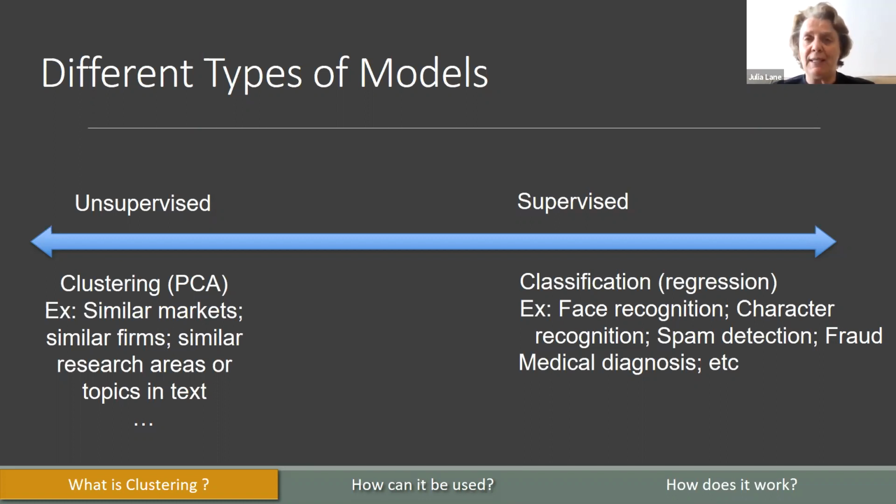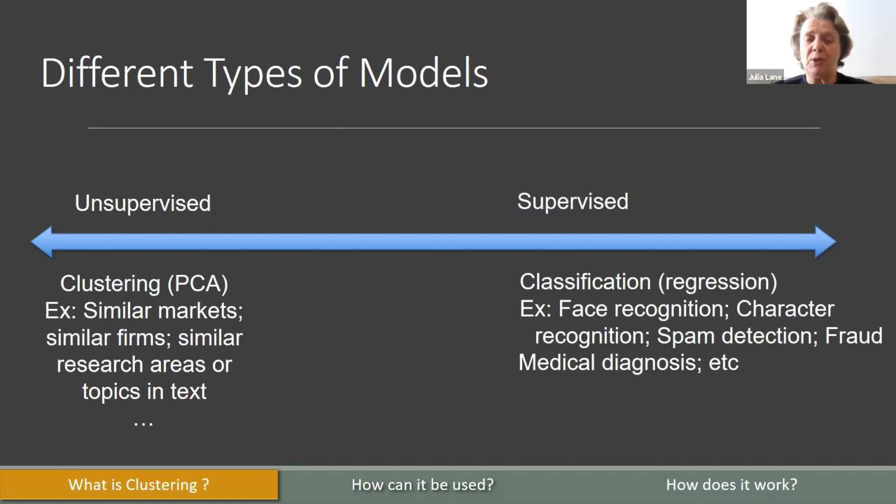It's used for a whole variety of things. If we're trying to do market segmentation and figure out whether you're going to be a beer purchaser or a wine purchaser, and what kinds of wines you're going to buy, that's identifying similar markets.